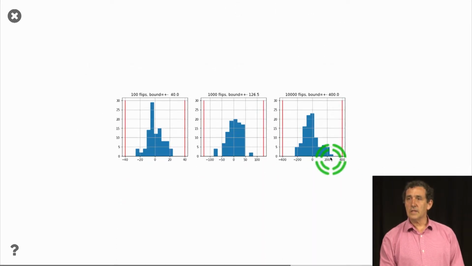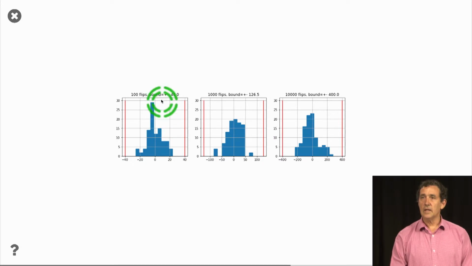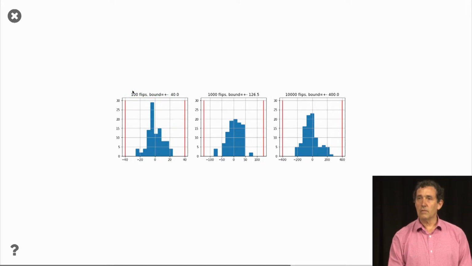Okay, so here is our simulation. What we see is here we have 100 coin flips, here 1,000 coin flips, and here 10,000 coin flips. And the red line marks what probability theory says is the boundary in which it is very, very likely that the total number of coin flips resides.